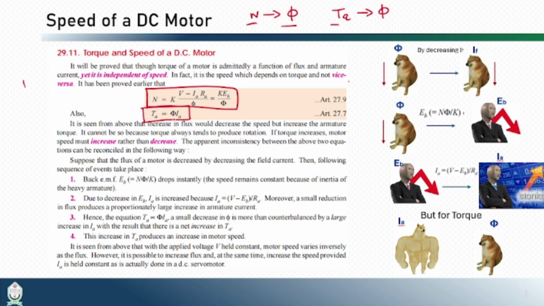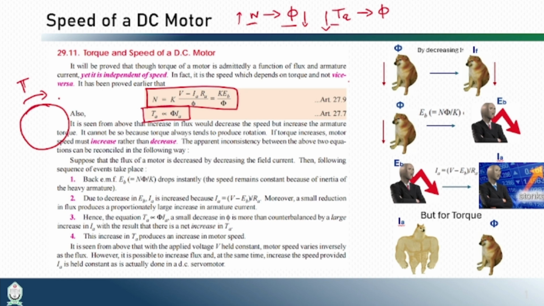So that implies that if we make some change in terms of flux in a DC motor, let's say if we decrease the flux, that will increase the speed of the motor, but in return the torque will decrease. But if we look at it from a different perspective, the rotation involved in a motor is a mechanical thing, and if any body is rotating, it requires some mechanical power that we define in terms of torque.